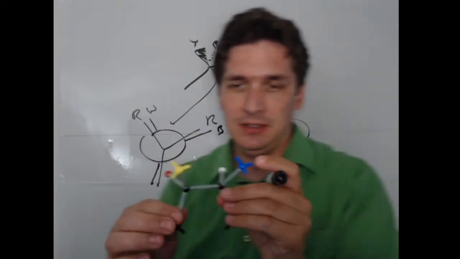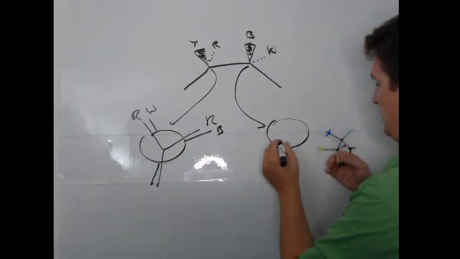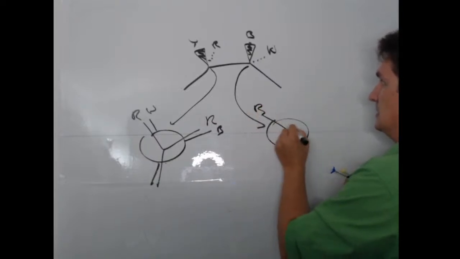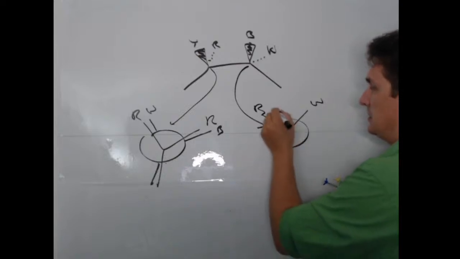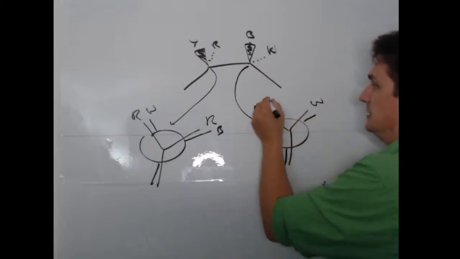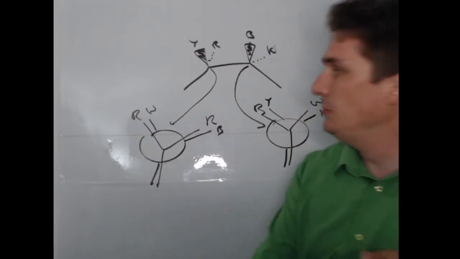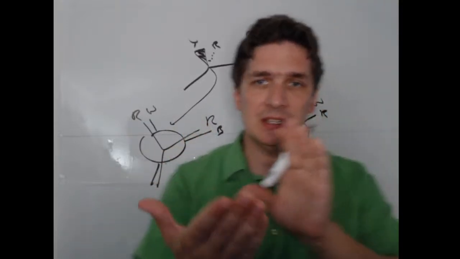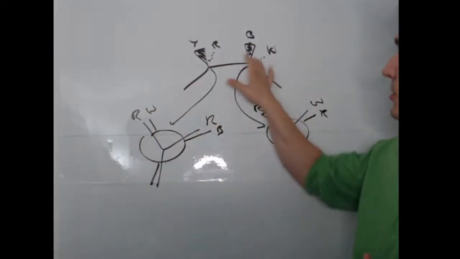Well, now when I turn it, I've got the blue going to the left, white going to the right, my group going down, and if I look on the other side, I've got yellow and red. So these have switched places simply because I've changed what the front atom is. So if this is the front atom, all the wedges are on the left side.